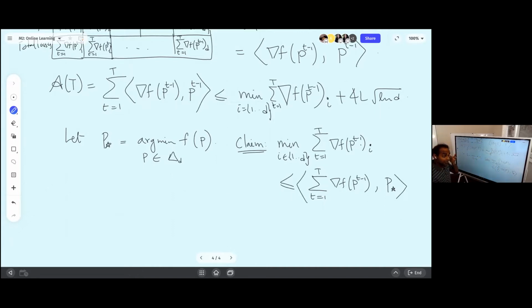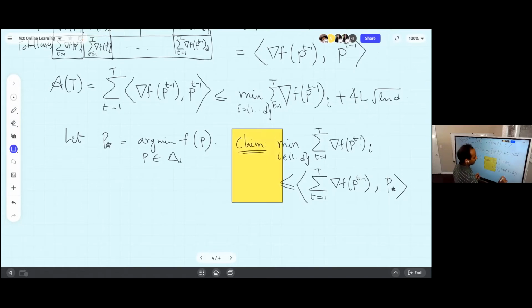So P star is a point on the simplex, a probability distribution. What this inequality is saying is that the minimum coordinate in any vector is at most the inner product of that vector with a probability distribution. The reason this is true is that you can expand this out and look at each coordinate. Each coordinate is at least the minimum, so you substitute the minimum and add them up.